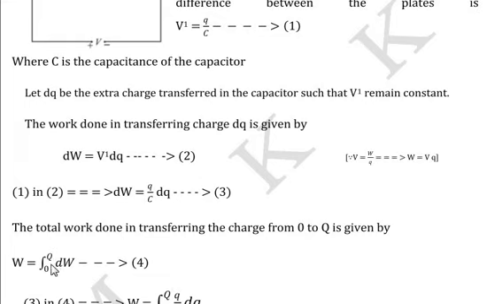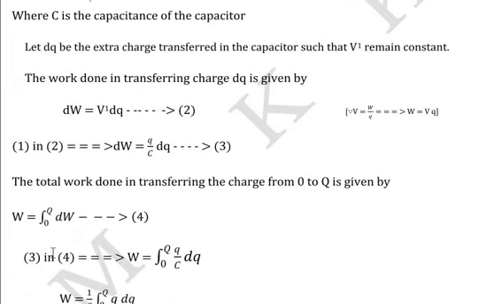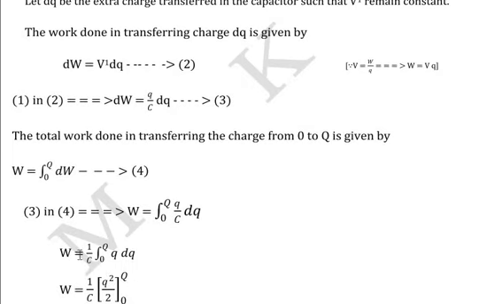So total work done is given by integrating this dW between 0 to capital Q. So work done W is the integral of q by C into dq from 0 to capital Q. C is a constant, it is the capacitance of the capacitor, so you can take it out of the integral sign. You will be left with W is 1 by C times the integral from 0 to Q of q into dq.